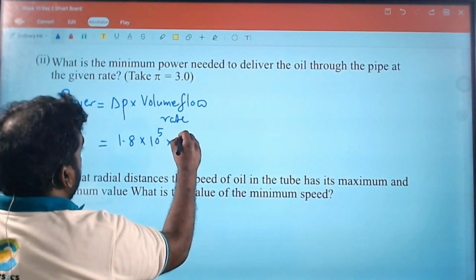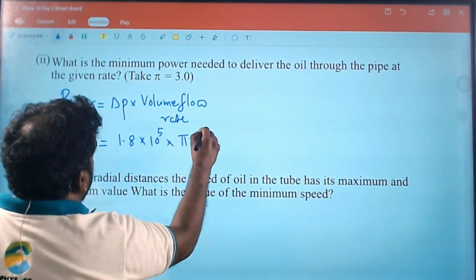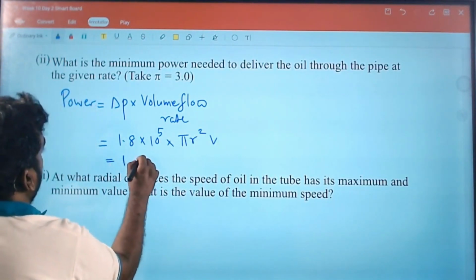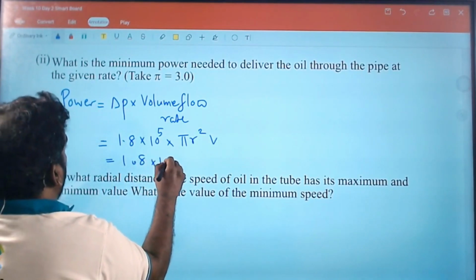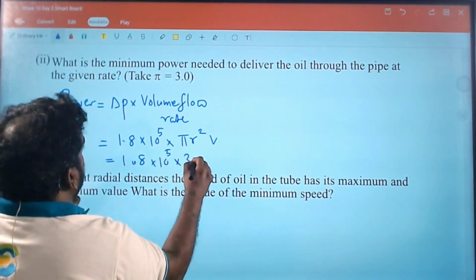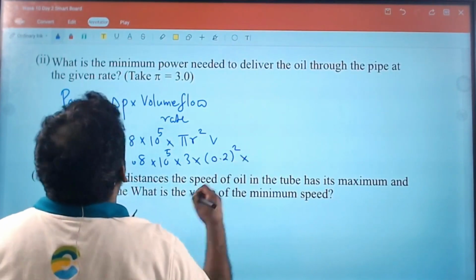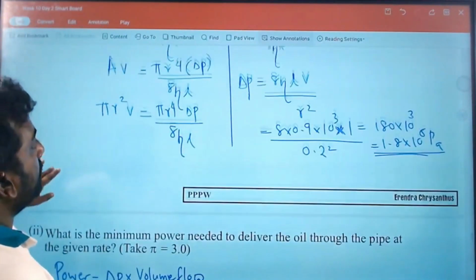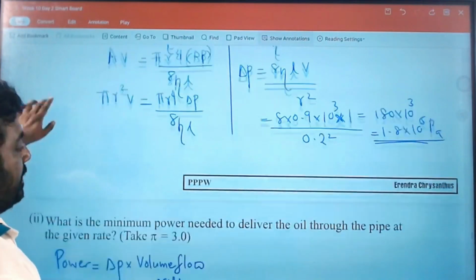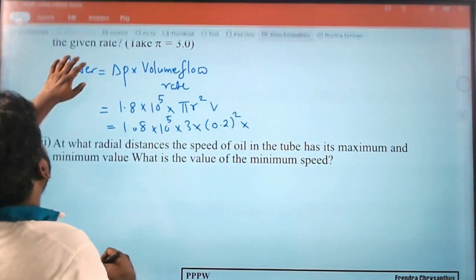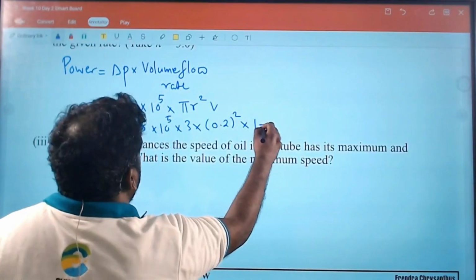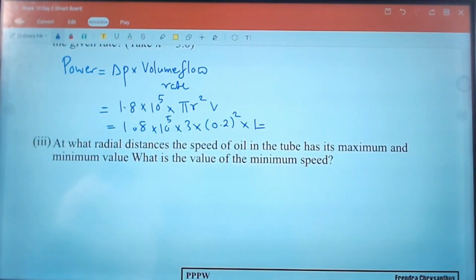Volume flow rate, area into velocity, pi r squared v. Pi is 3, radius is 0.2 squared, average velocity is given 1. 0.04 times 3.